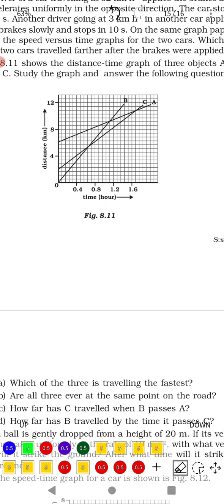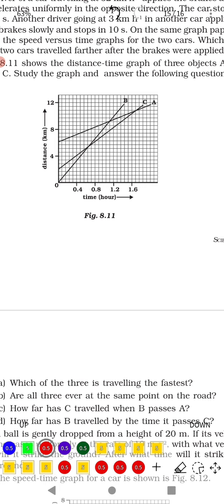For that, there is an easy way. You just see how much angle these three straight lines are making with the x-axis. And the speed of which object will be more? The graph which is making the maximum angle with the x-axis.